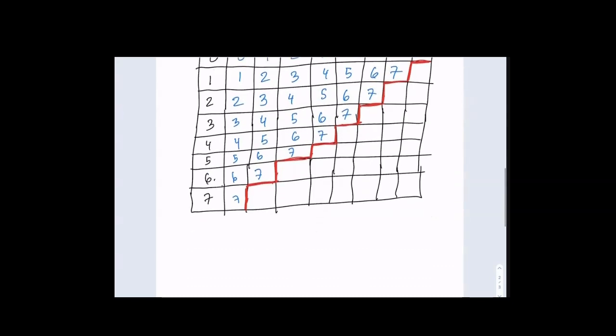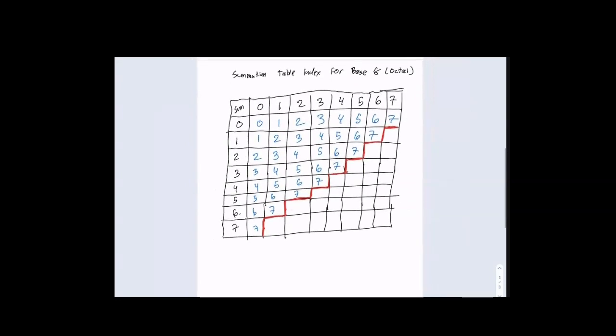And so as you remember, 8 is equal to 1 times 8 to the 1 plus 0 times 8 to the 0.